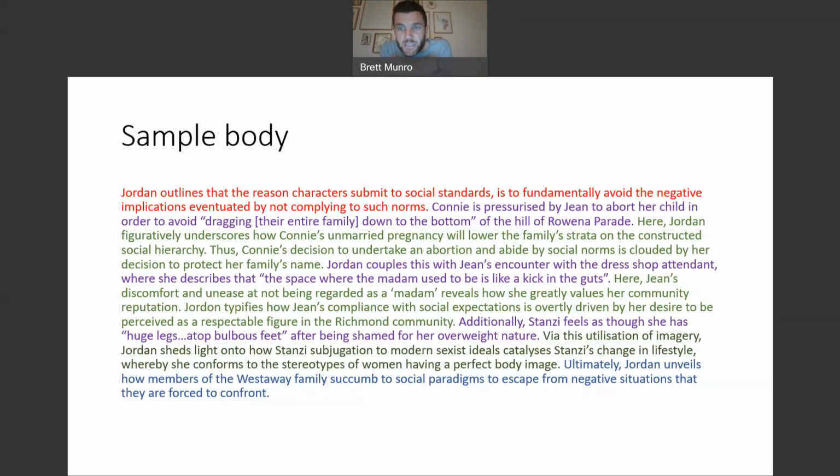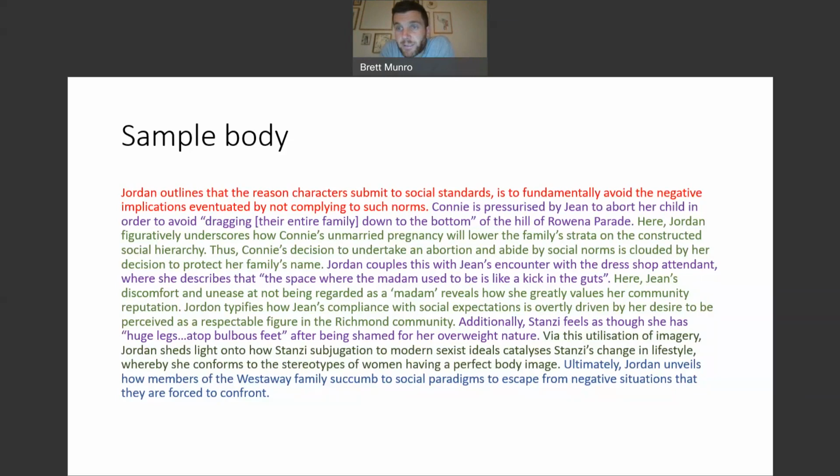Via this utilization of imagery, Jordan sheds light on how Stanzi, subjugated to modern sexist ideals, catalyzes Stanzi's change in lifestyle, where she conforms to the stereotypes of women having a perfect body image. Ultimately, Jordan unveils how members of the Westaway family succumb to social paradigms to escape from negative situations that they are forced to confront.